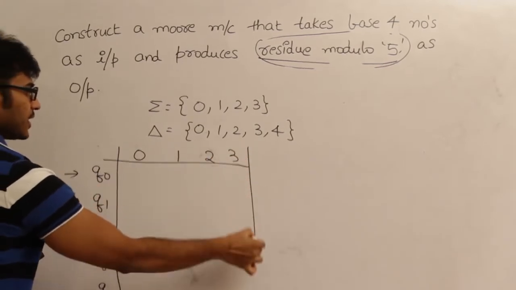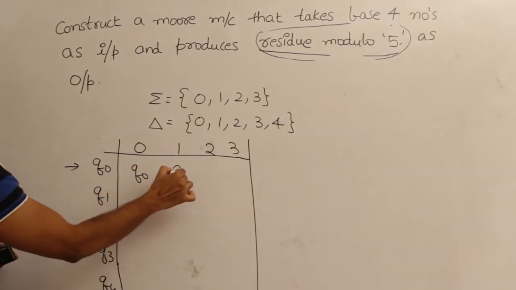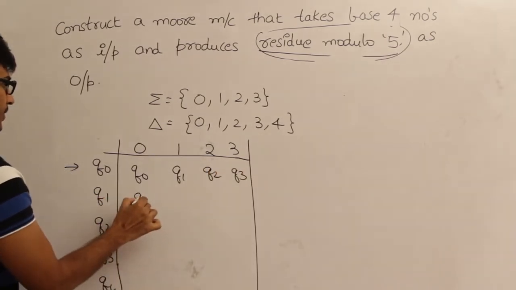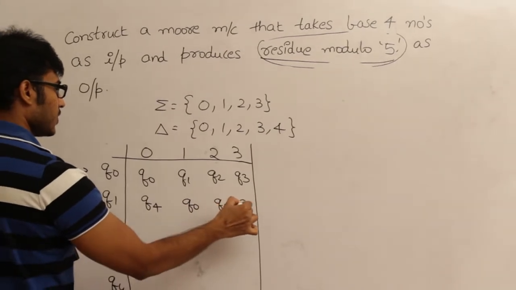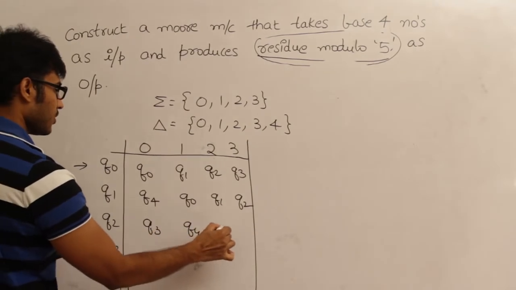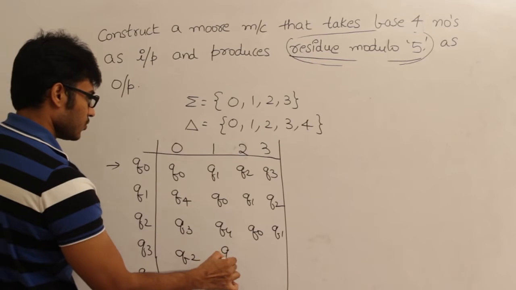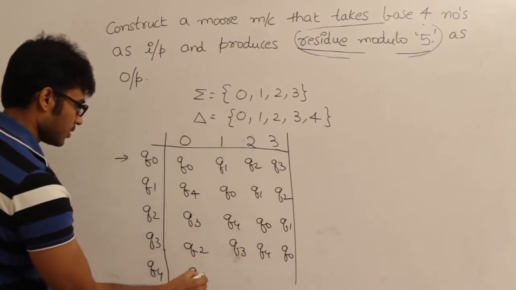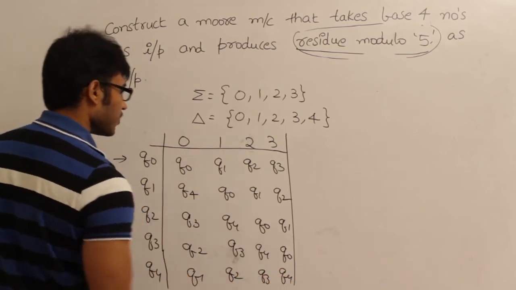Now you fill out the delta function like this: directly Q0, Q1, Q2, Q3, Q4, again Q0, Q1, Q2, Q3, Q4, Q0, Q1, Q2, Q3, Q4, Q0, Q1, Q2, Q3, Q4.